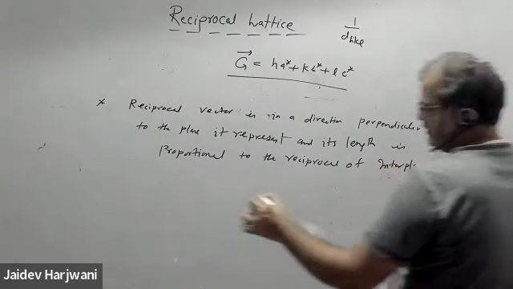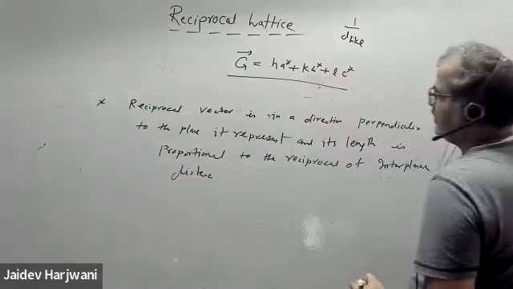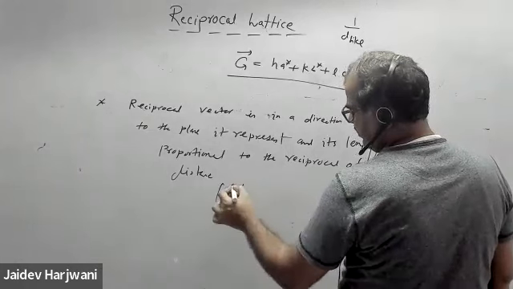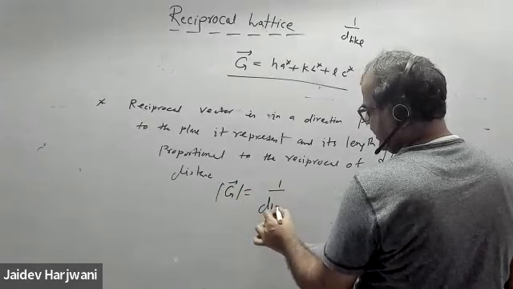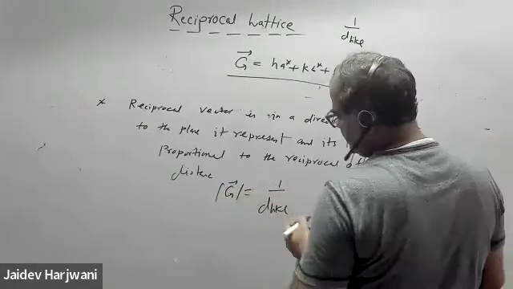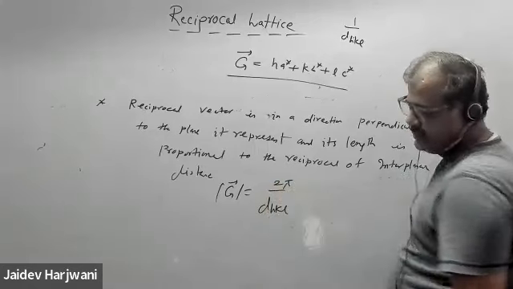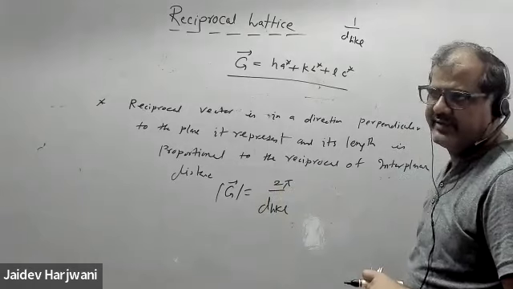So I can write the length of a reciprocal lattice vector G is 1 upon DHKL. Now it depends whether you are taking 1 upon DHKL or 2 pi upon DHKL. In solid state in general we take 2 pi upon DHKL, but that depends on how you have written the reciprocal lattice.